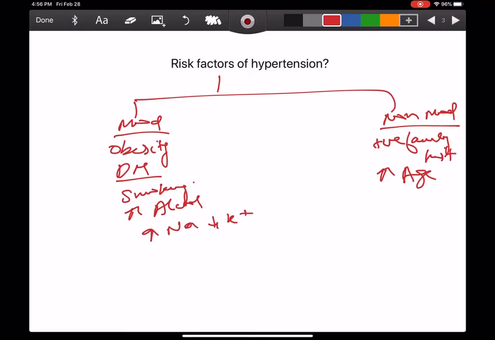So, if you want to work on your modifiable risk factors, you can try to keep your weight between the BMI category and value of 18 to 24. If you have diabetes, you can keep it under control. You can quit smoking, decrease the alcohol consumption, and work on the diet meticulously to decrease sodium. I'll be talking more about the diet in the last few slides.